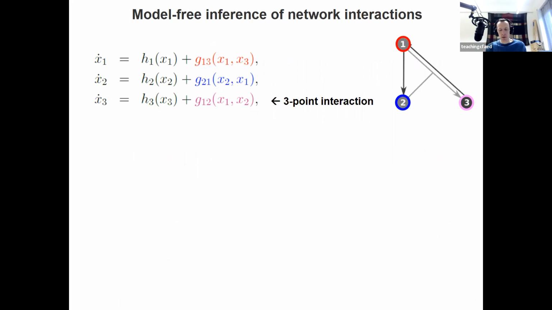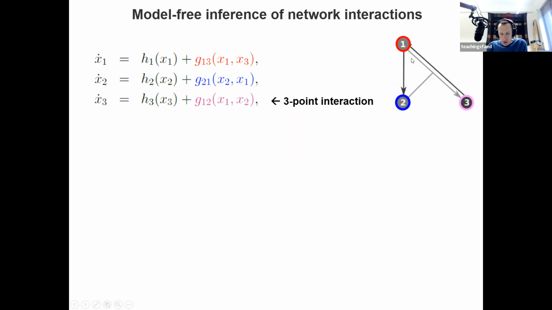So first, let us go to a very, very basic example. Here you see a network of 3 variables, and they have some local dynamics. x1 dot is h1 of x1 plus g13, the coupling from 3 to 1, as a function of both variables x3 and x1. The same for 2.